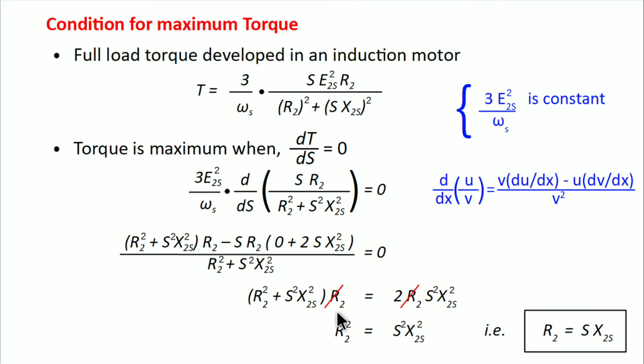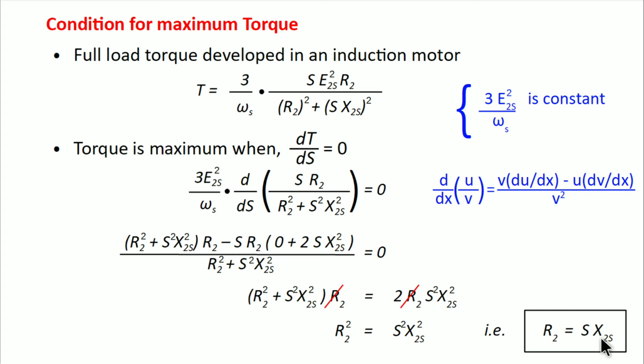If we take the square root on both sides, what will happen? R2 square gives R2 is equal to S X2S. R2 is the rotor resistance per phase and X2S is the rotor reactance per phase under running conditions. So this is our required condition for torque to be maximum, that the resistance of the rotor circuit should be equal to the reactance of the rotor circuit under running conditions.